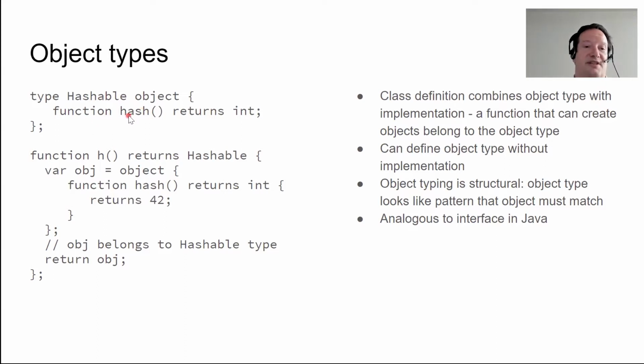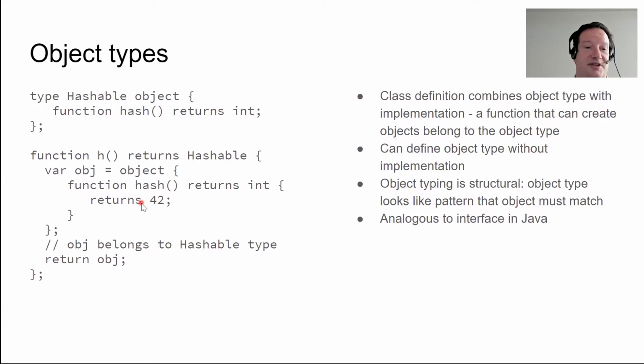So this is an object type, and an object value belongs to the type if it has a function called hash that returns an int. And so here's a little example. We're going to create an object. Typing of objects is structural, and works just like everything else in Ballerina. Here we have a little function, and I'm going to create an object, and it has a function called hash, which returns an int.